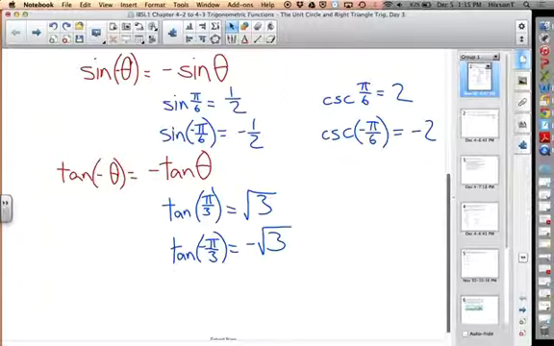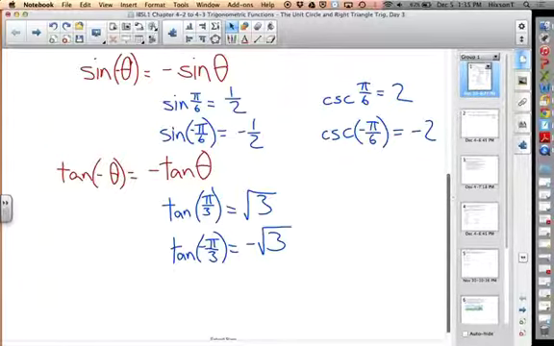Okay. Any other questions? Yeah, Alex? How do we instinctively know that sine of pi over 6 is 1/2? Well, we know it from our unit circle, because it's the y coordinate. But I know that 1/2 is the y coordinate, but how is it pi over 6? Wouldn't that change to 1/2?